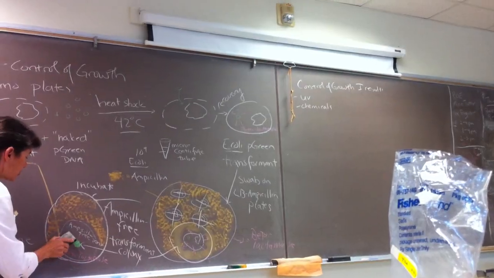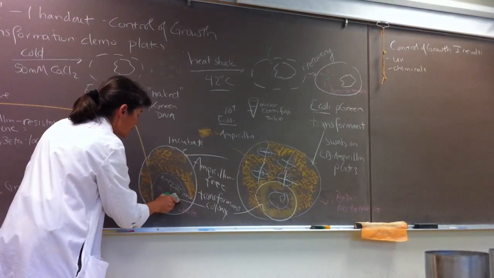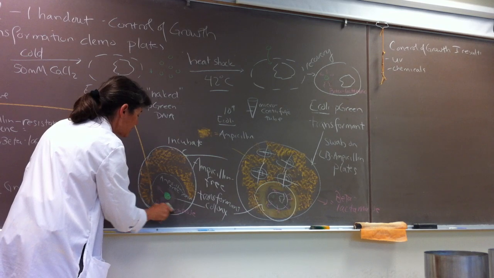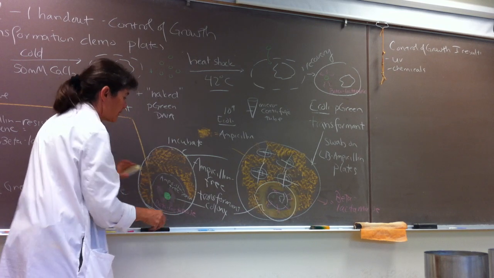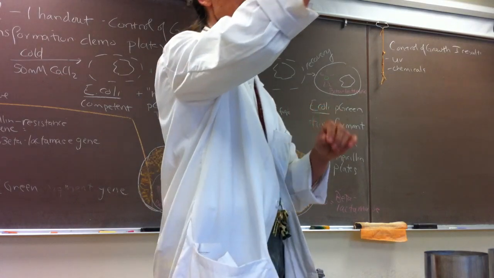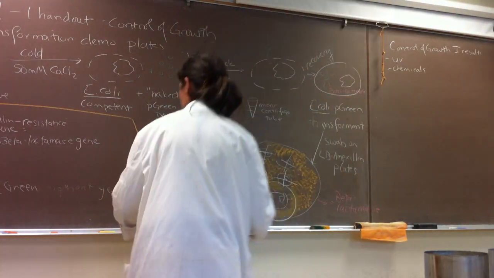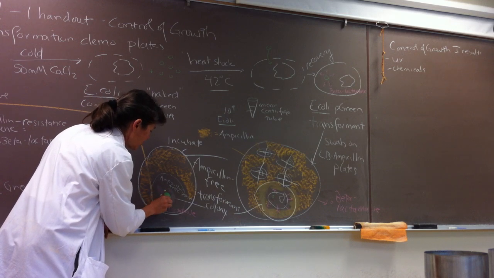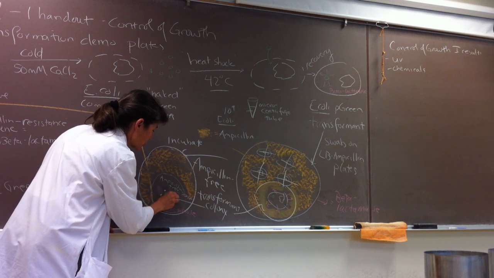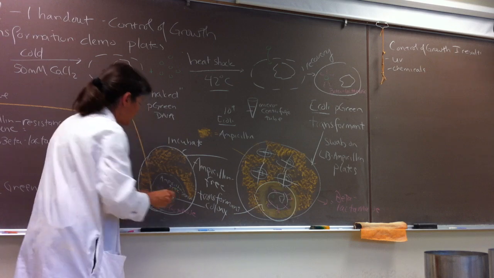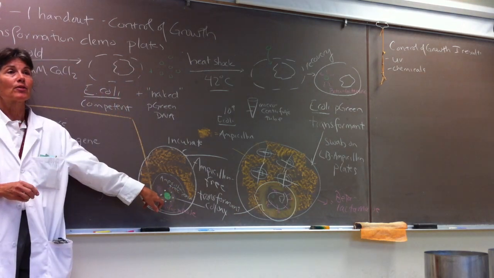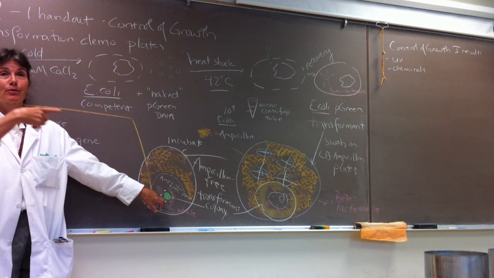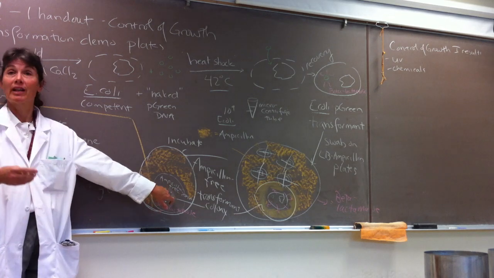Around the little transformant colonies, you're going to see these little tiny white colonies. They almost look like they're circling the transformant colony. And so they're called satellite colonies, like they're circling the transformant planet here.